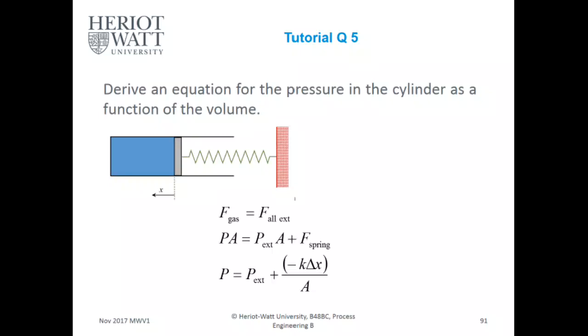It's a very mechanical engineering question. So the P, the total pressure, equals the external pressure plus Kx over area. Right? Because you're following the math. So you bring down your area.